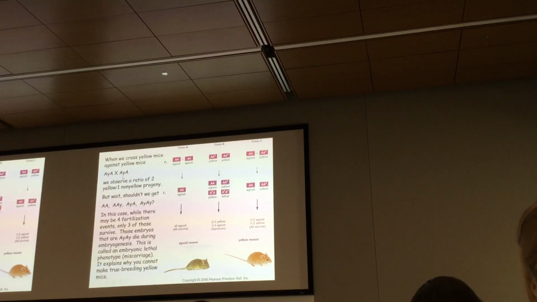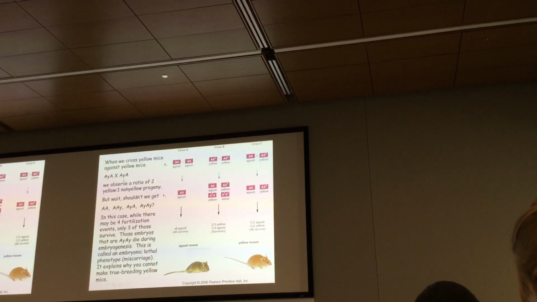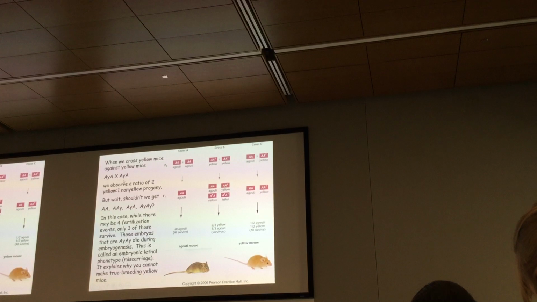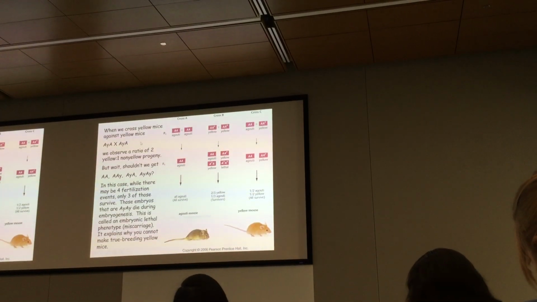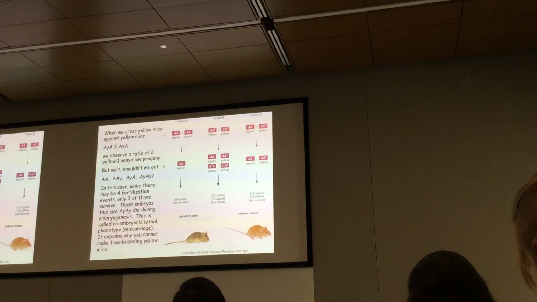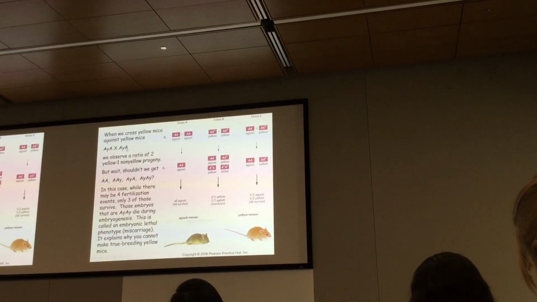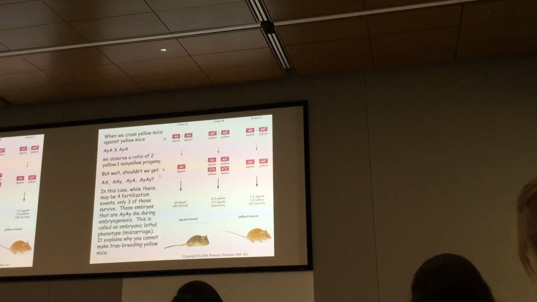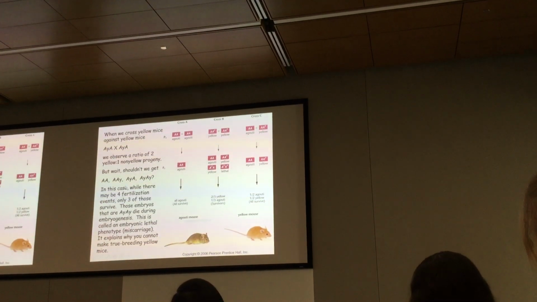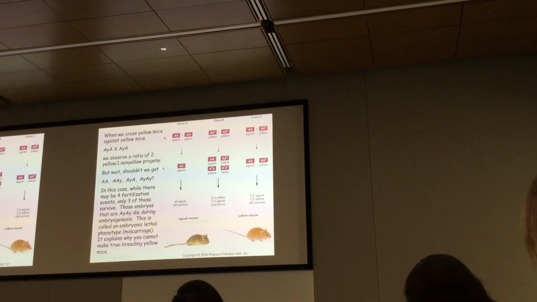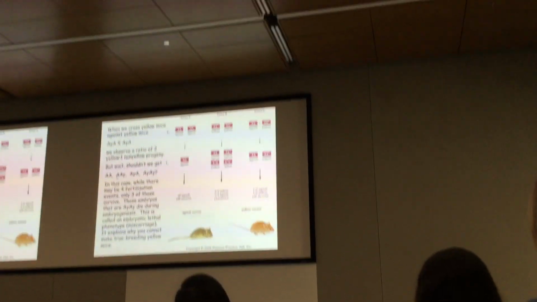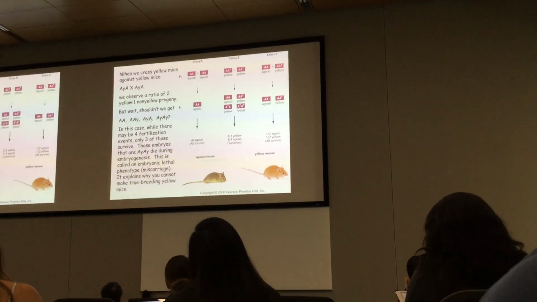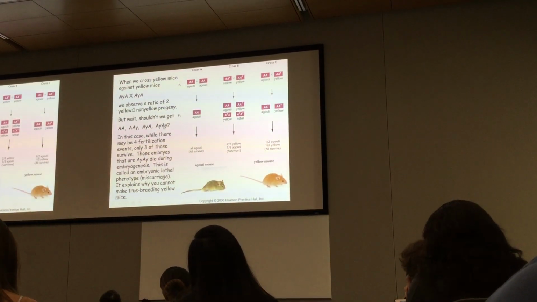What would we get in a cross like this? Well, this is a simple Mendelian cross, like smooth and wrinkled and so forth. You'd get AY AY, AY A, A AY, A A. So here's the set of genotypes that you ought to get in this case if we suppose the starting animals are heterozygous. We get one part this, one part this, one part this, and one part this. And that's fine and good.